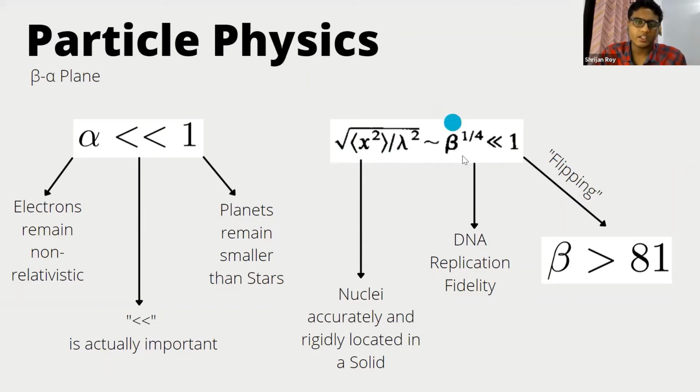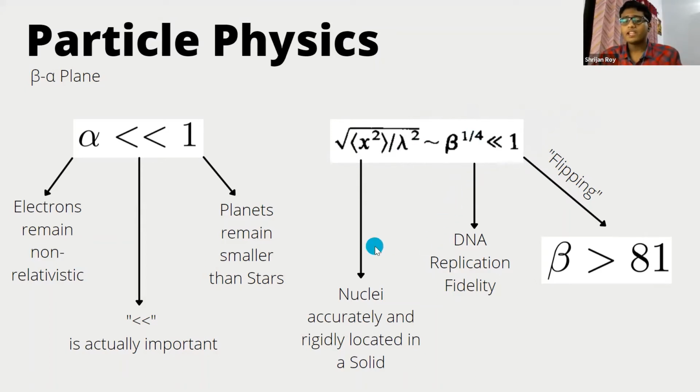If we take the root, it comes out to be beta to the power 1/4, and we necessarily want that fluctuation to be less than 1. So this is one of the ways we get this beta less than 1 constraint. And it's not just beta less than 1, it's beta to the power 1/4 less than 1.